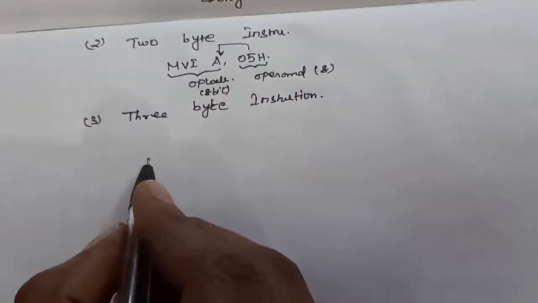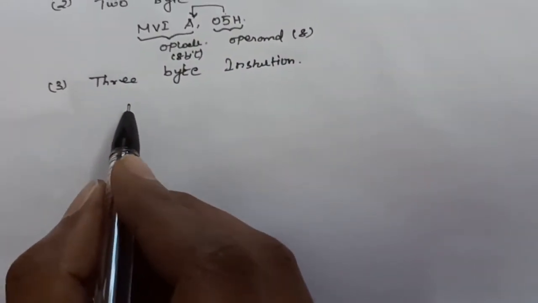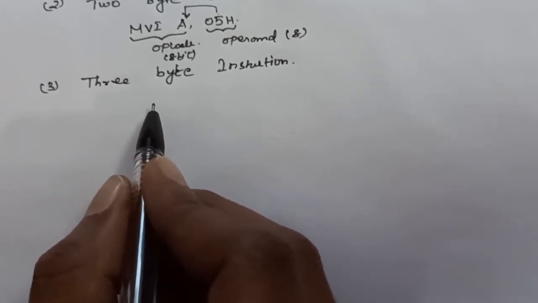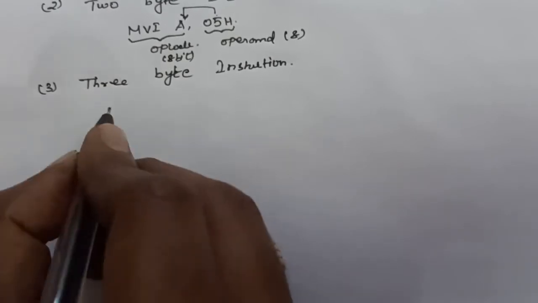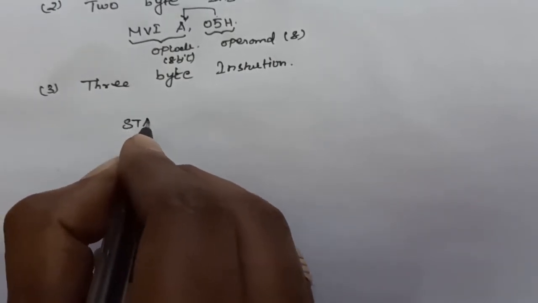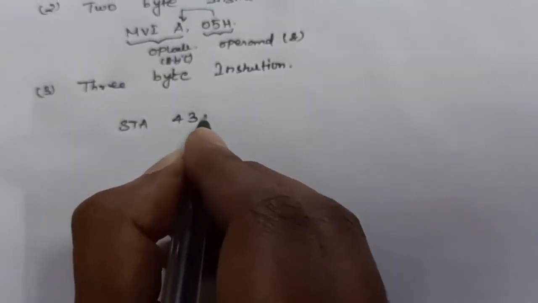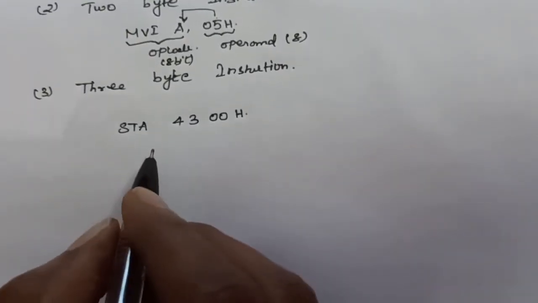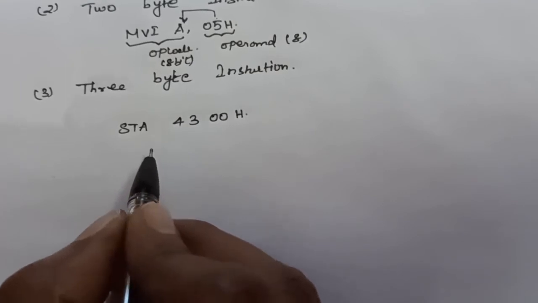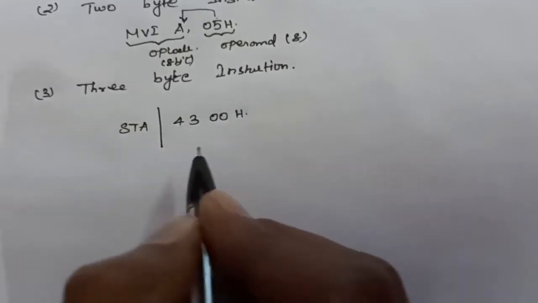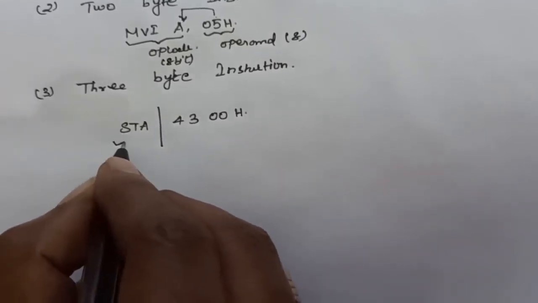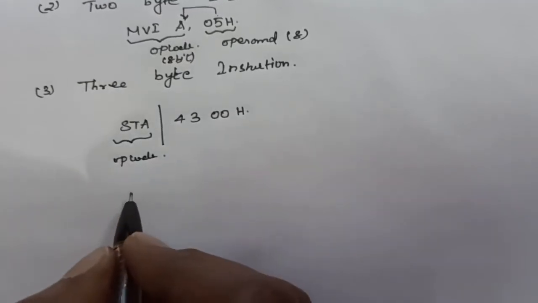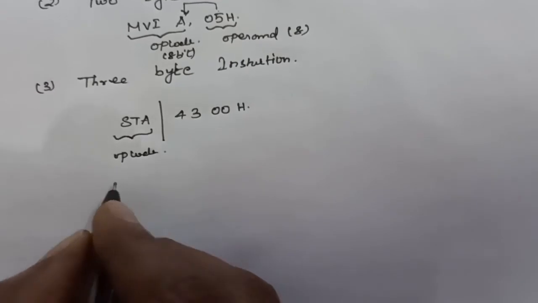Next one, 3-byte instruction. In this instruction we can categorize 3 bytes of values. For example, STA 4300H. In this instruction we can split the three 8-bit values. First one, STA is an opcode, which takes an 8-bit hexadecimal value.